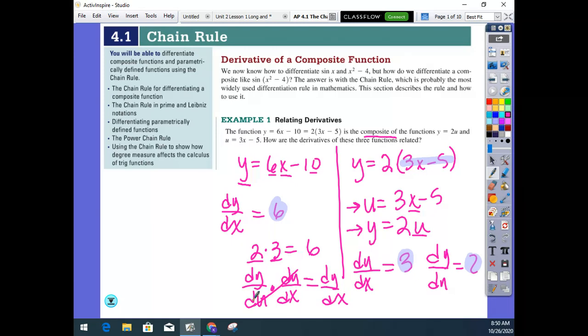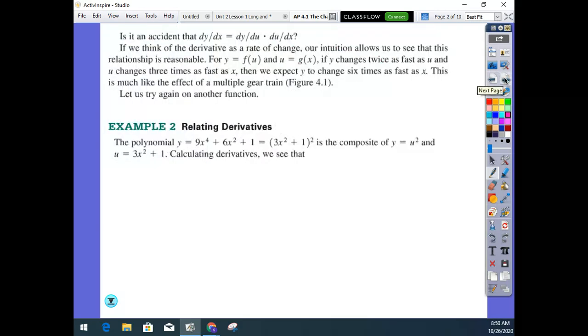So there's a lot of manipulation with chain rule. Sometimes it's manipulating your derivatives. Other times it's a little more straightforward.